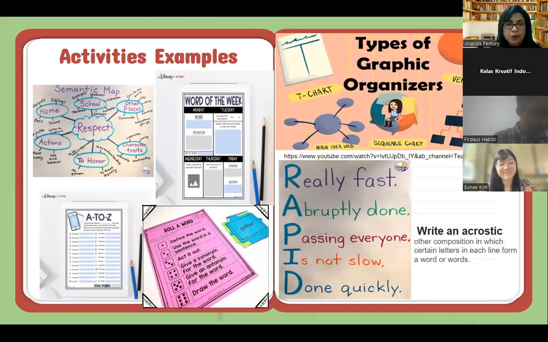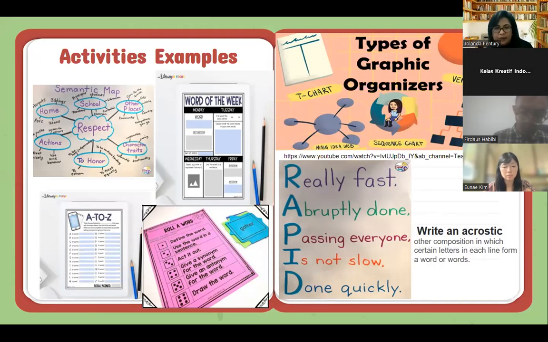So this is the word rapid. From each initial letter, they will expand on what rapid means, or give a similar meaning. The first, from R, is really fast. The second is abruptly alone.